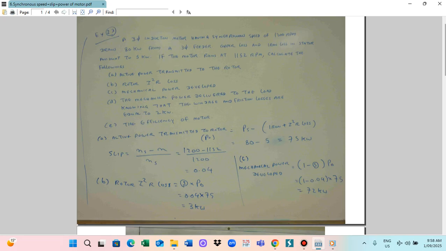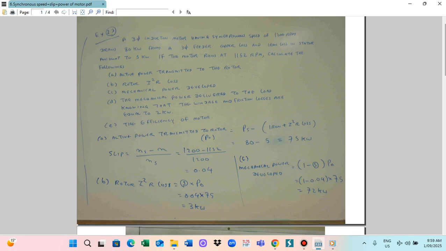The formula given for the mechanical power developed is Pm equals (1 minus slip) multiplied by P0. We substitute: 1 minus the slip, 0.04, multiplied by P0, which is 75. By solving this, we get 72 kilowatts.